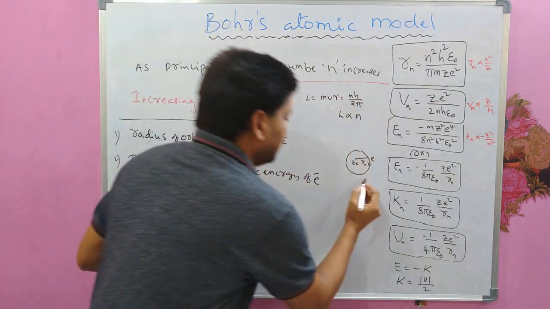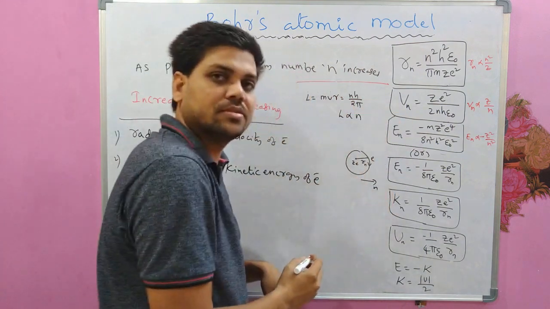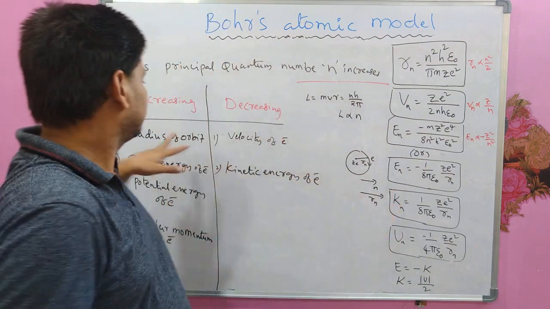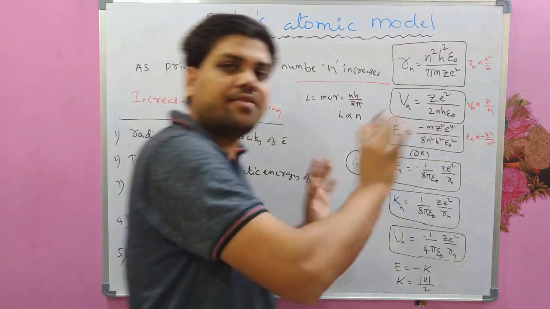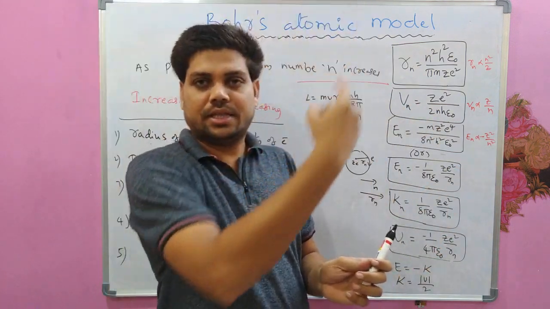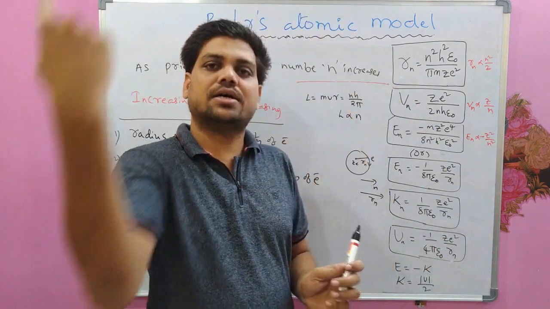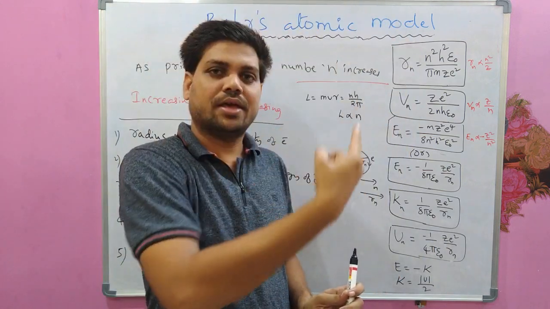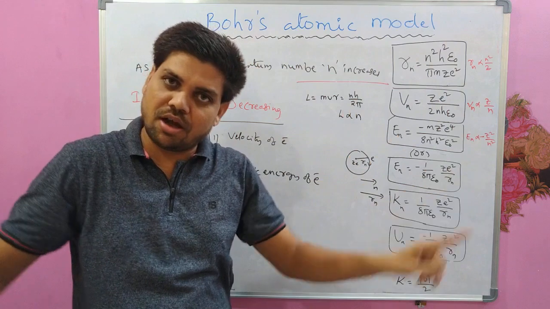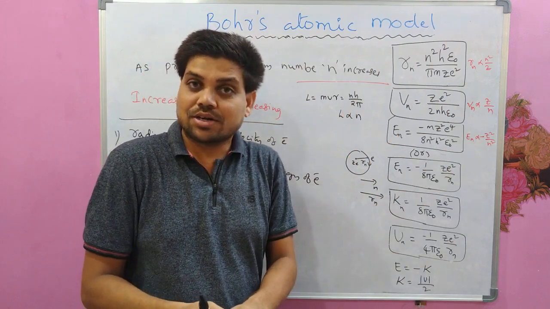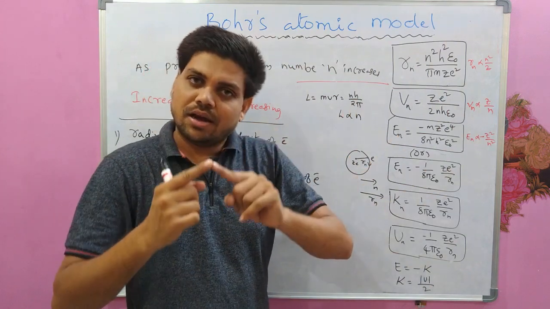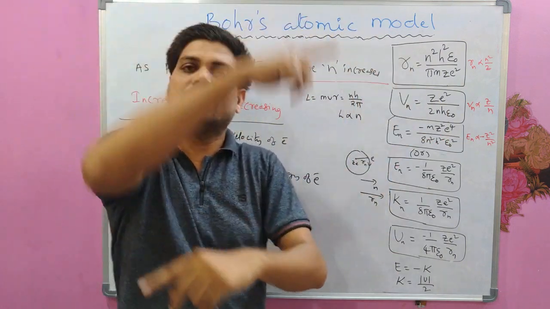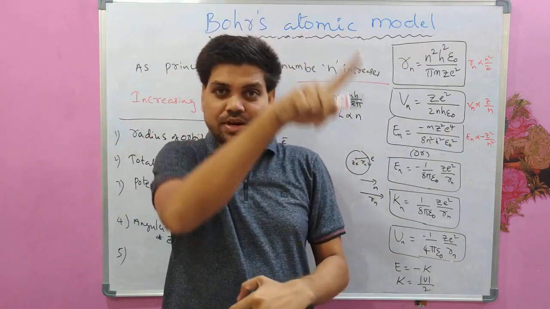If n is increased, the Rn value is also increased. If the Rn value is increased, what does it mean? The radius of the orbit is large now. If the radius of the orbit is large, the electron will take a lot of time to complete one revolution around the nucleus.